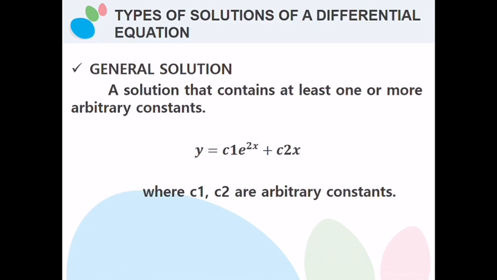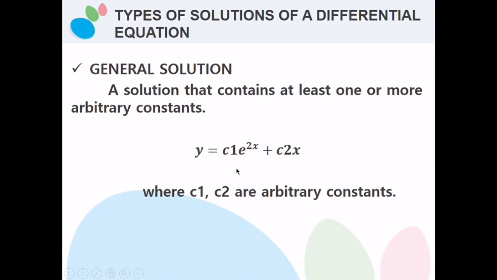Now, before we introduce the main topics of differential equations, we must first know the types of solutions of a differential equation. The first one is the general solution. It is a solution that contains at least one or more arbitrary constants. For example, in our equation y equals c sub 1 e raised to 2x plus c sub 2 x, our arbitrary constants are c1 and c2.